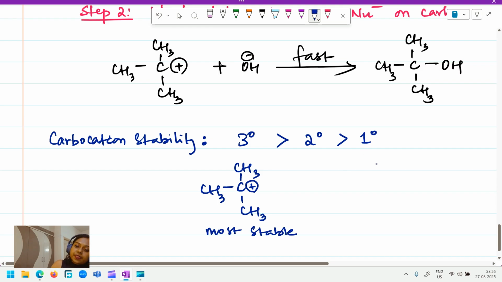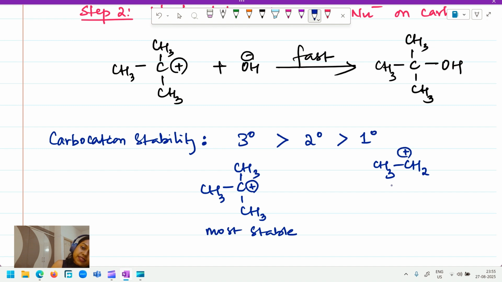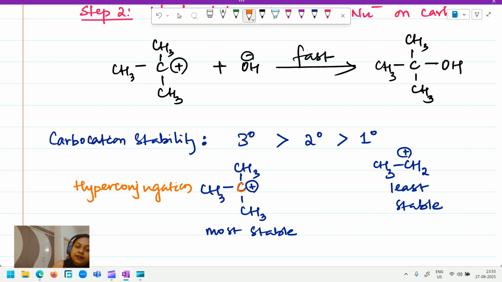If you have a primary carbocation, these are least stable, and a secondary carbocation would have intermediate stability. Why are tertiary ones most stable? Good question. That's because of the hyperconjugation effect. What is the hyperconjugation effect? Let's consider the carbon with the plus charge as the carbocationic carbon.